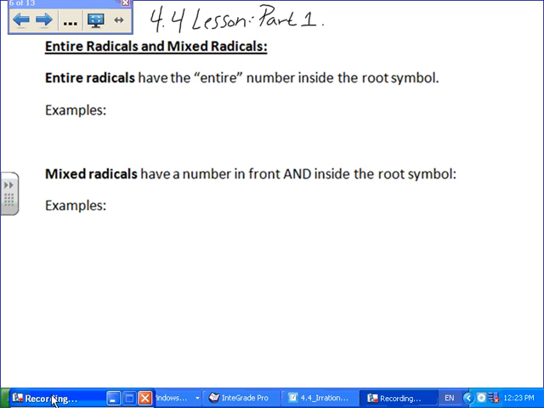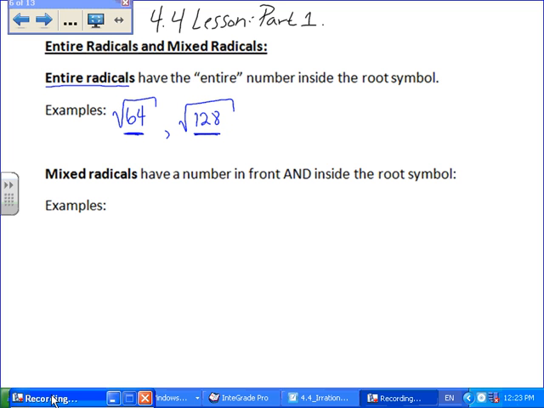So entire radicals and mixed radicals are exactly what they sound like. An entire radical means that the entire number is inside the root symbol, or the entire number is shown as the radicand. So here are some examples. The square root of 64: the entire number 64 is inside the root symbol. Let's do the square root of 128.